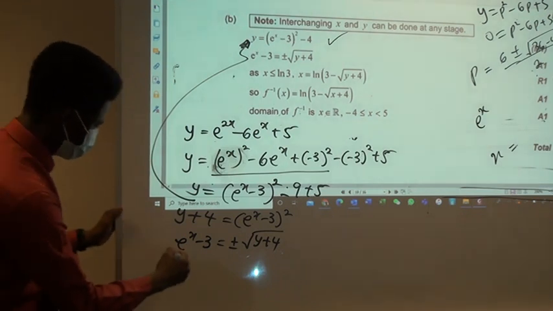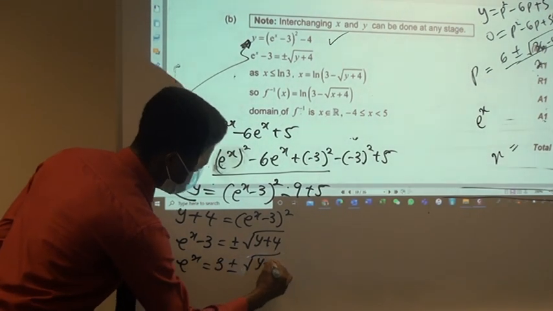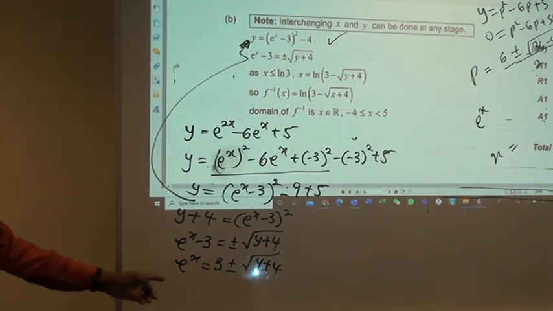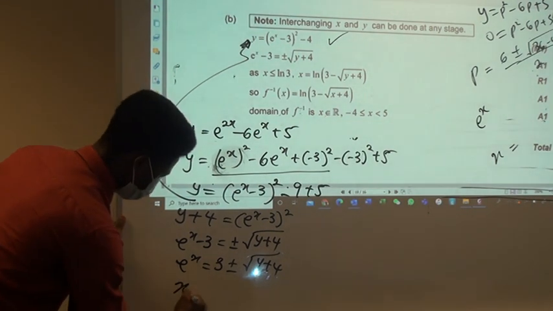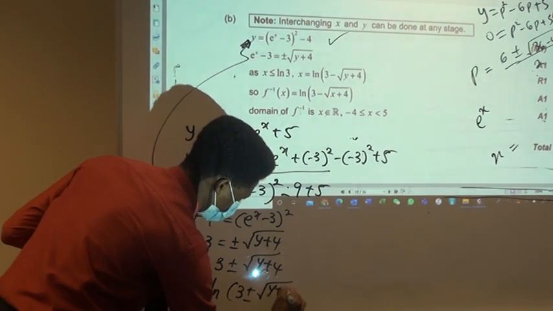Okay? So e^x is equal to 3 plus or minus the square root of y plus 4. There are two values. One of them will have to be discarded. Is that not? So x will now be the natural log of 3 plus or minus the square root of y plus 4.